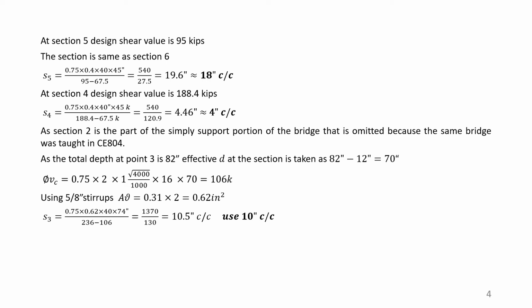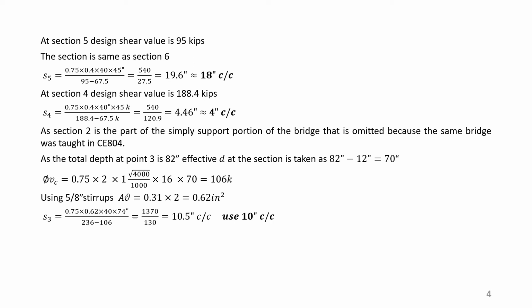That gives us 19.6 as the spacing, and we will use this as 18 in center to center, and d by 2 and all other things remain the same, and that's why the 18 in center to center is okay for this section.